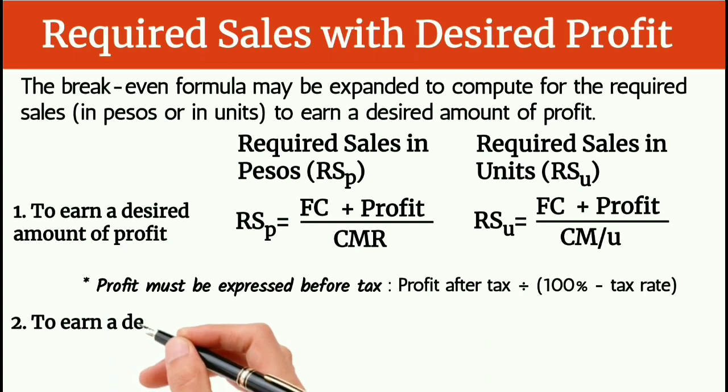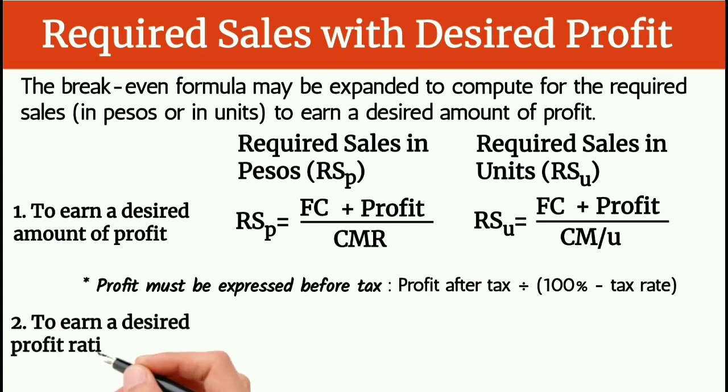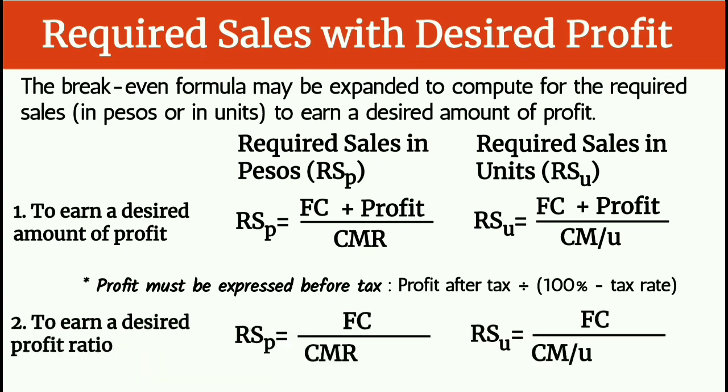Next, to earn a desired profit ratio, ganon din lang yung formula. Yun nga lang, kailangang i-deduct yung profit ratio sa required sales in pesos. At kailangang i-deduct yung profit per unit sa required sales in units.